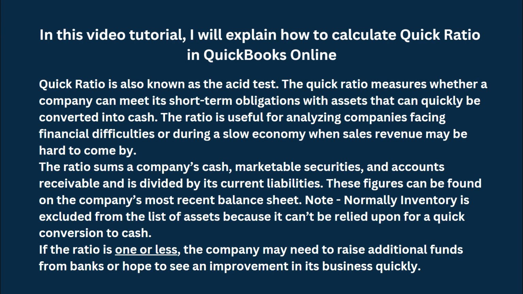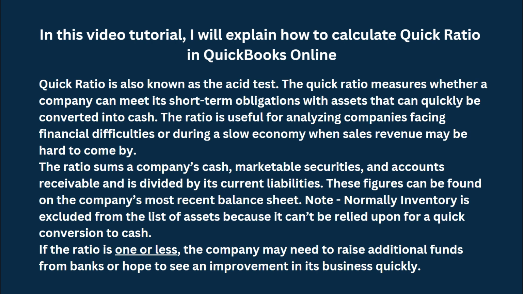But if you are selling a really good inventory, you can sell it right away, then you need to consider and include it. It's up to your business. If you are a business manager, you can figure out which one you can easily convert into cash and which you can't. You have to wait for the right market.